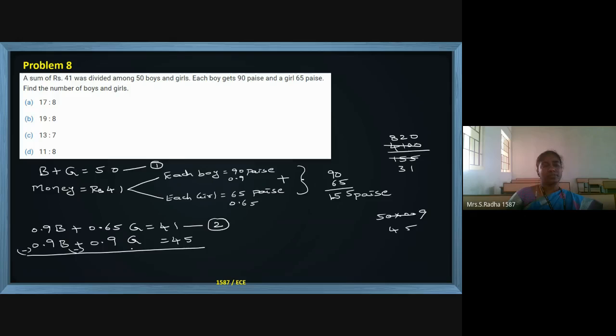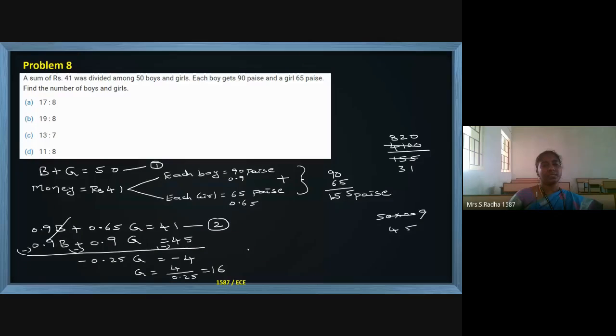And here it will be minus 0.25 girls equal to minus 4. The minus will get cancelled. G is nothing but 4 divided by 0.25. 4 fours are 16. So 16 girls are present.